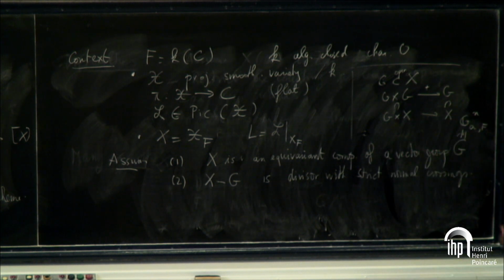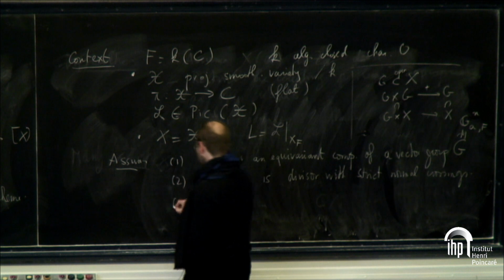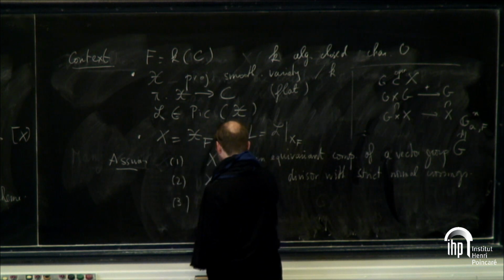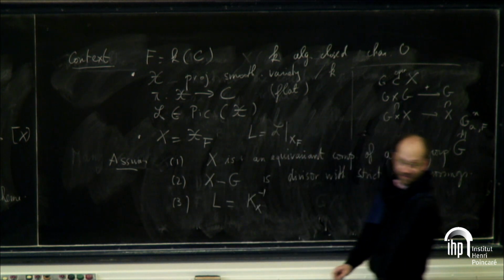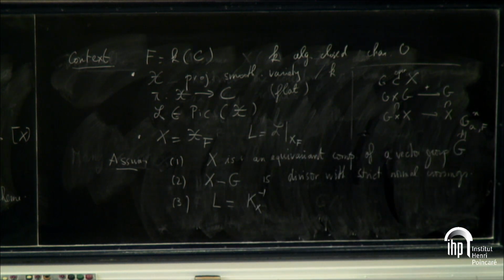In more elementary terms, it means that it's a union of smooth hypersurfaces and they meet transversally. And the last assumption is that the class of the line bundle L is the anti-canonical class of X.